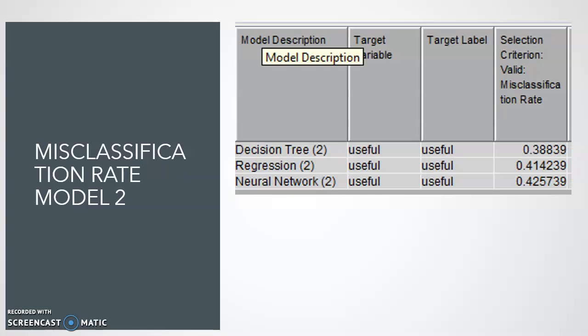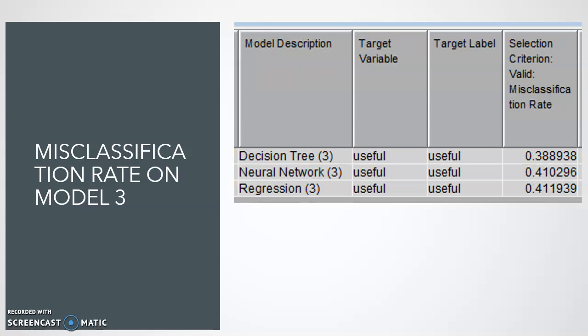For the second model, I came up with almost identical misclassification rates as well. On the third model, I got a little bit more precise misclassification rates in all 3 areas of the decision tree, neural network, and regression.